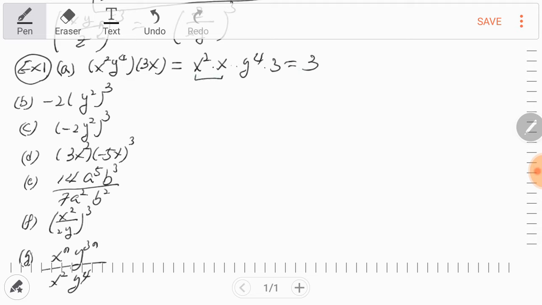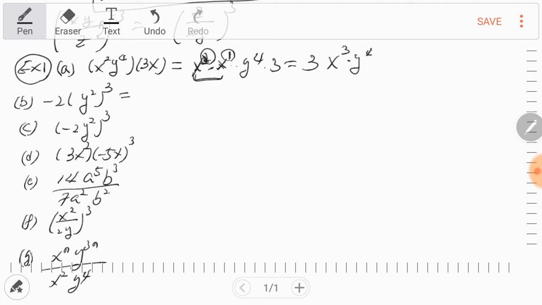We can combine these two. So x squared times x, the exponent of x is 1. What do we do with this exponent? Add, right? There are 2 x's and 1 x. Once we multiply this, there are 3 x's. So 2 plus 1 is 3, y to the 4th power.